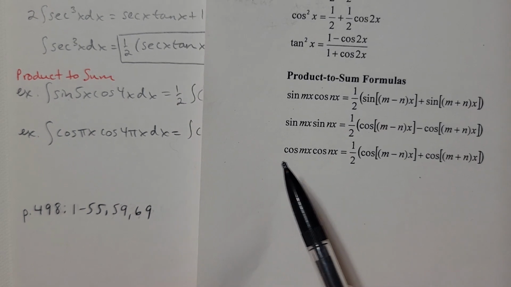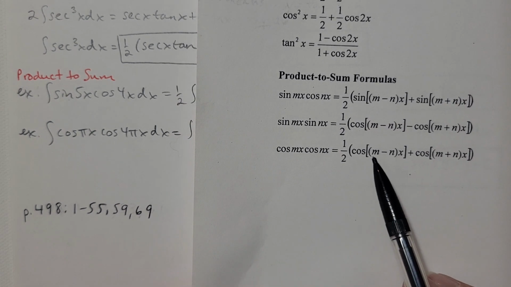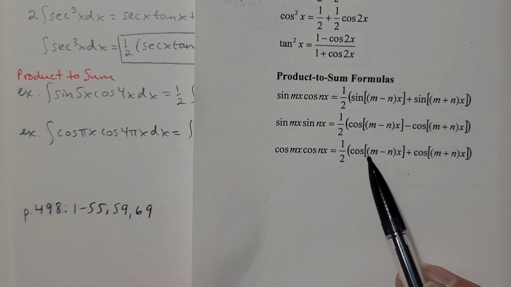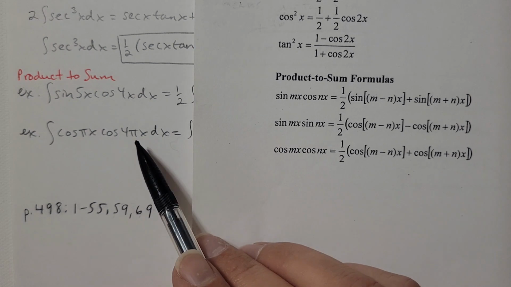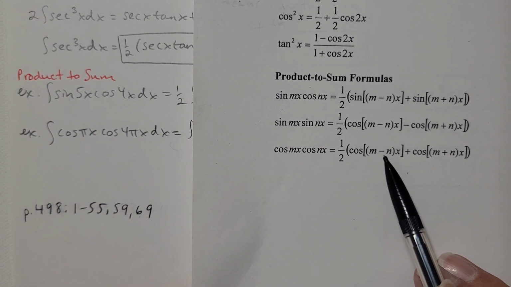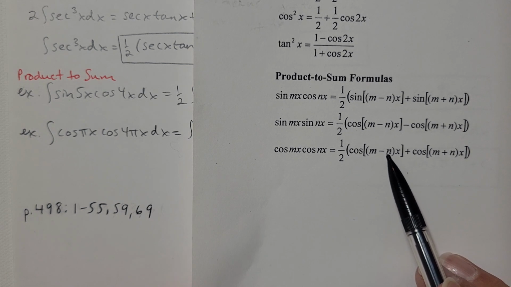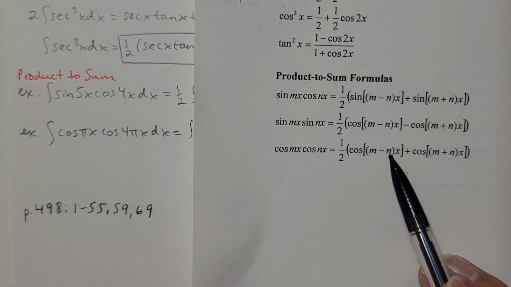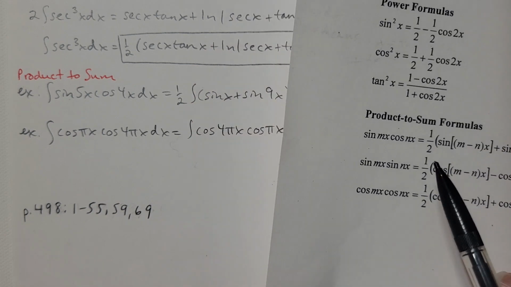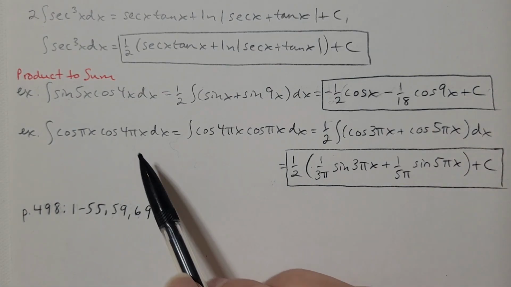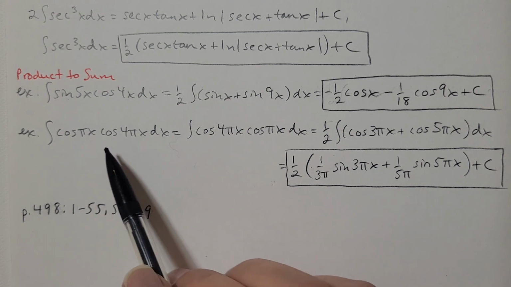By the way, if I were to go to the formula right away here, I'd have cosine of pi times x minus 4 pi times x, that's negative 3 pi times x. Well, the cosine function is an even function, so cosine of negative 3 pi times x would be the same as cosine of 3 pi times x. So just to avoid using that, I went ahead and switched these two functions.